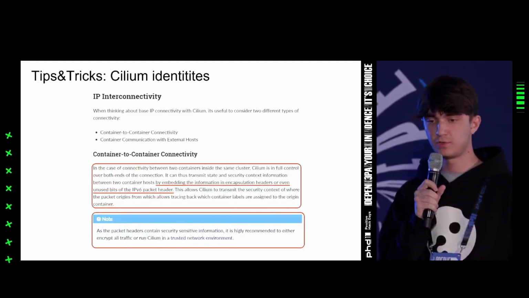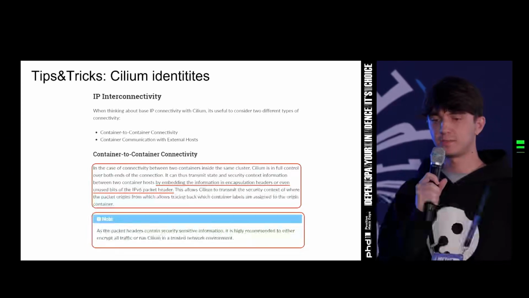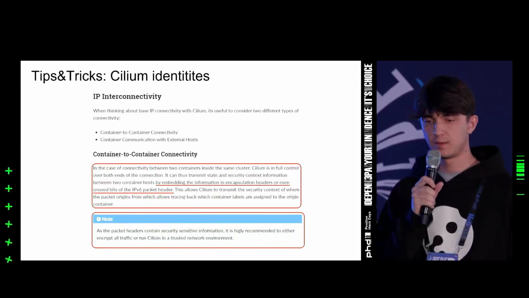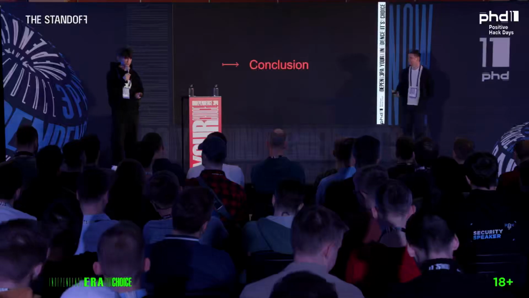When knowing Cilium identities, we can actually manage pod-to-pod communication. So we can substitute these values. It doesn't happen at all times, but it could happen potentially. And Cilium gives us a prompt how to mitigate it: you either encrypt the whole traffic or use a protected network. That's what they say about it.